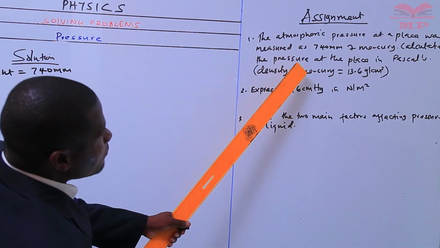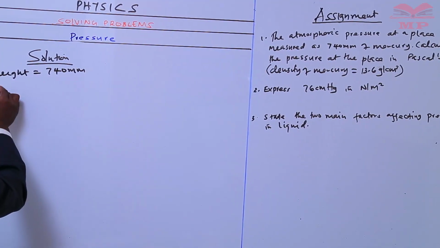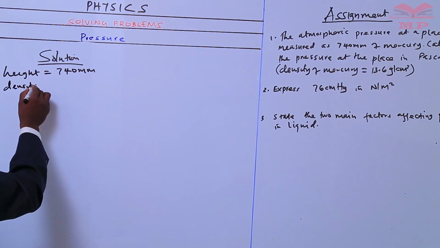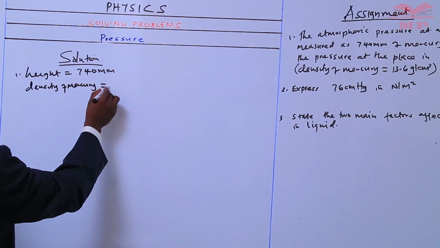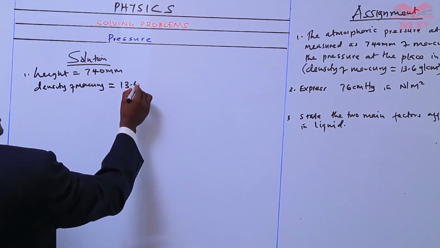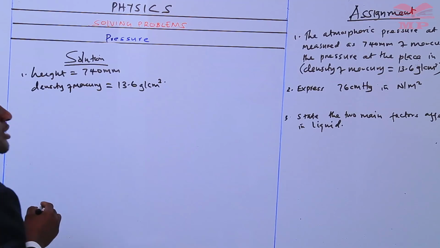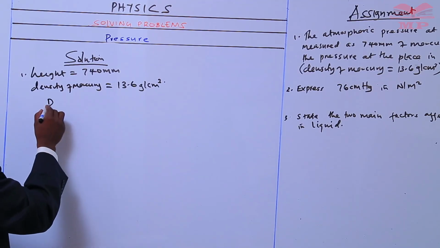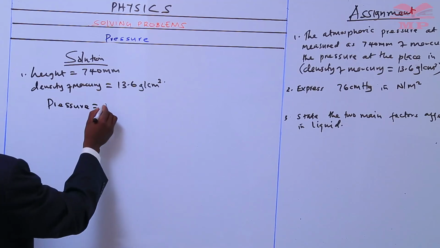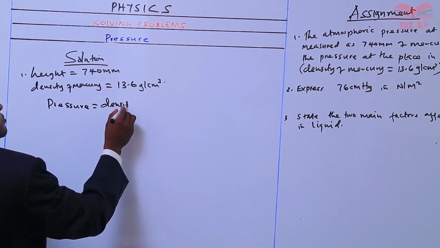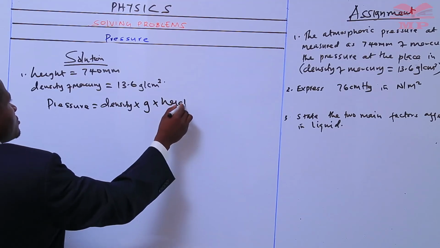We have density of mercury as 13.6 grams per centimeter cubed. In the last lesson, I said that pressure is always given by density times G times the height.